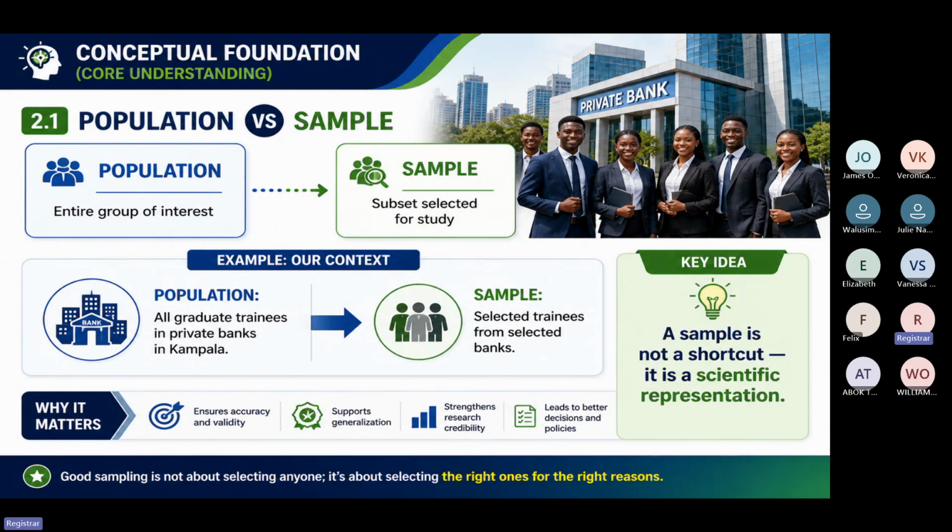Just imagine, assume we have 1,000 graduate trainees in private sector banks in Kampala. So what we have to do, from that, we have to choose a convenient size which we call a sample. And these people should all be graduate trainees, or all should have entered into the banking recruitment by the graduate trainee program.